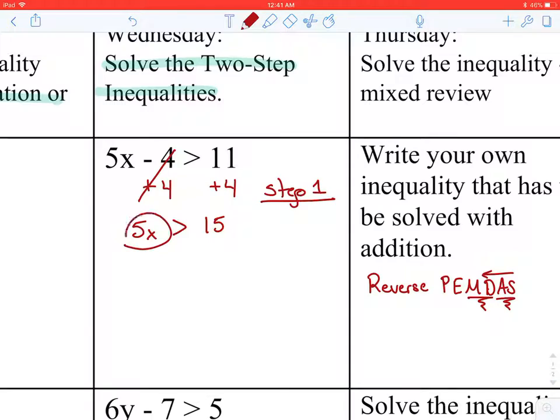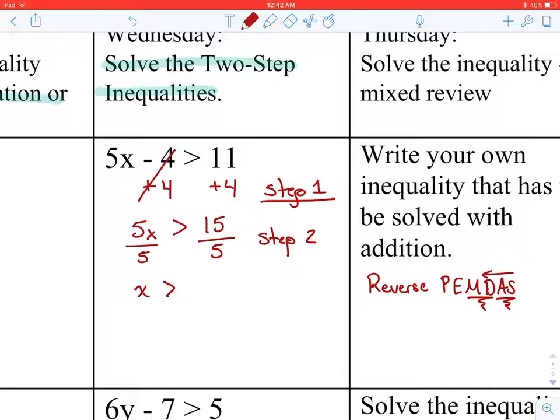Step 2, now you can see that the x is still not by itself. Now we have 5 times x. So we're going to want to do the opposite, or the inverse operation of multiplication, which is division. We're going to divide both sides by 5. So this is step 2. And dividing both sides by 5 on the left side leaves me with just x. Because I divided by a positive number, I'm not going to change the comparison symbol.